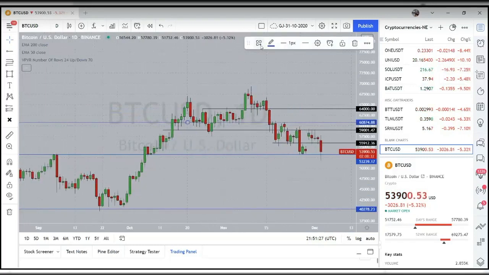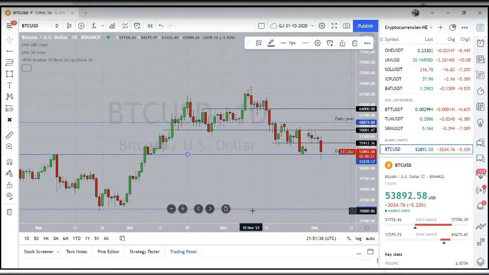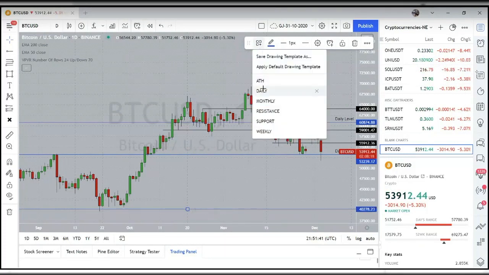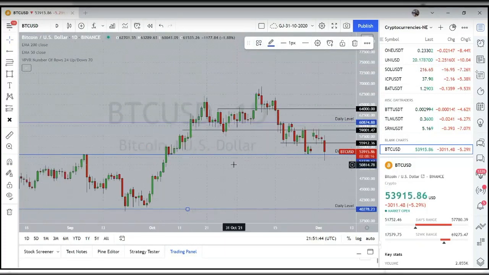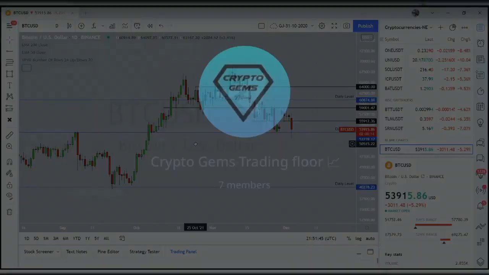I've got a template here, and I just mark that as daily. You also see that I've got monthly and weekly here. I don't really use them on crypto. That's mainly for my Forex trading, but this is just to allow me to see the significance of those levels.